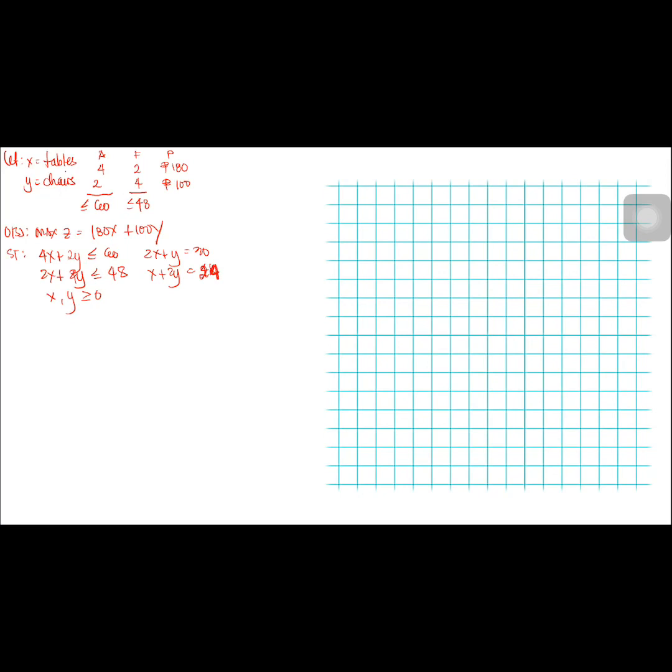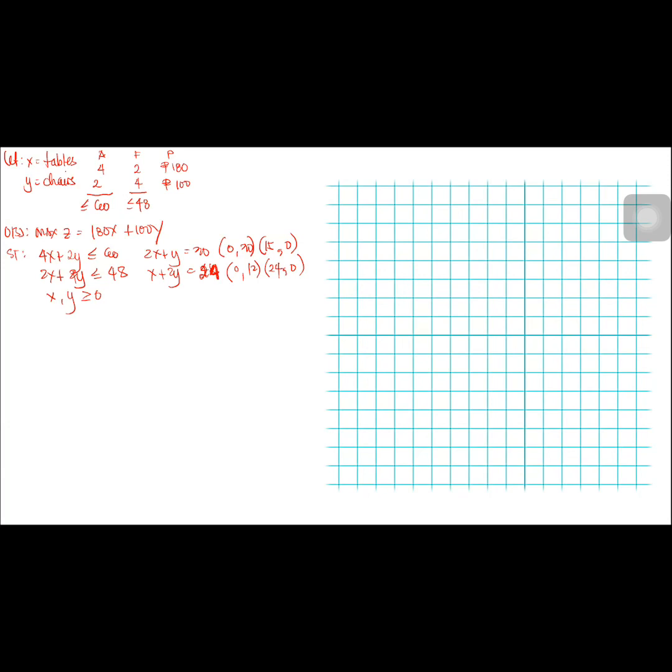Okay, I have divided it by 2. So here, what are the coordinates? If x is 0, y is 30. If y is 0, x is 15. For this one, if x is 0, y is 12. And if y is 0, x is 24.